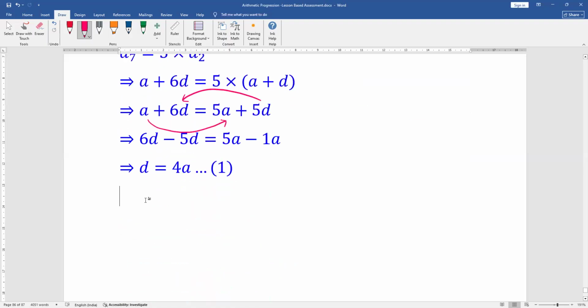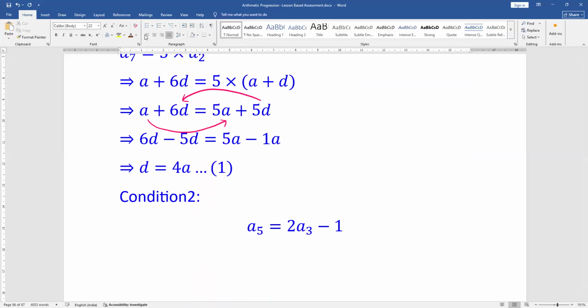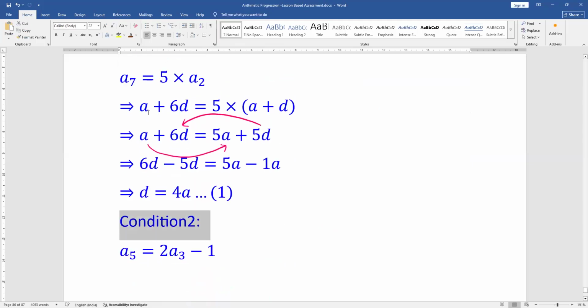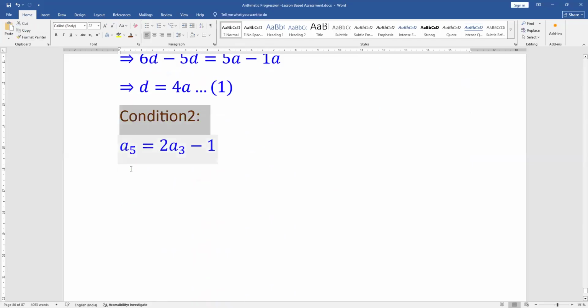So I'm going to write that condition 2 here. For this also, let us apply the same shortcut. A5 can be written as A plus 4D. Correct? So A plus 4D equals.